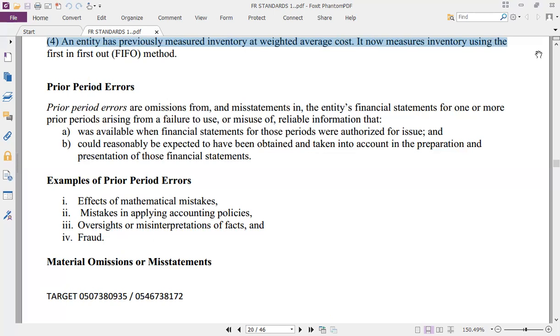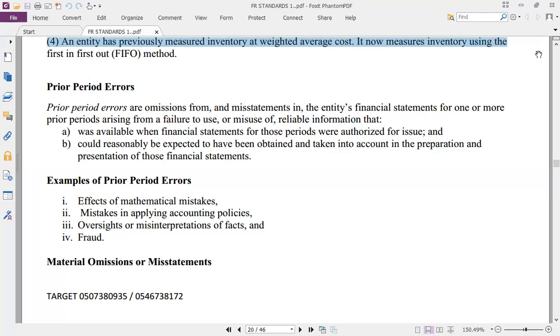Now, what are the examples of the prior period error? So anywhere, anytime you see this in an exam question, they are prior period errors. Now, one, effect of mathematical mistakes.